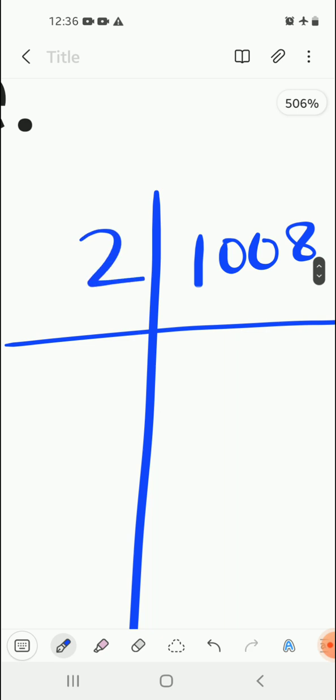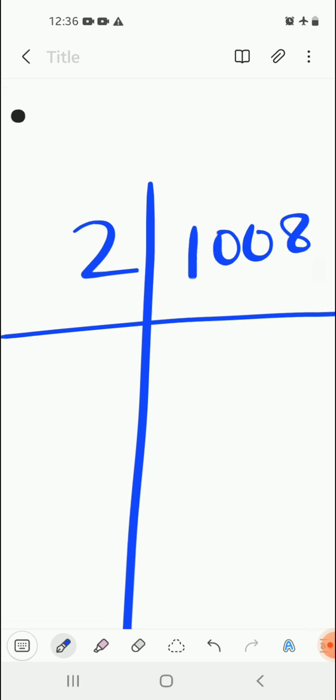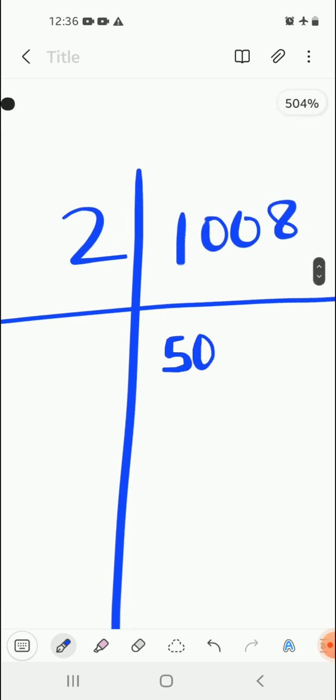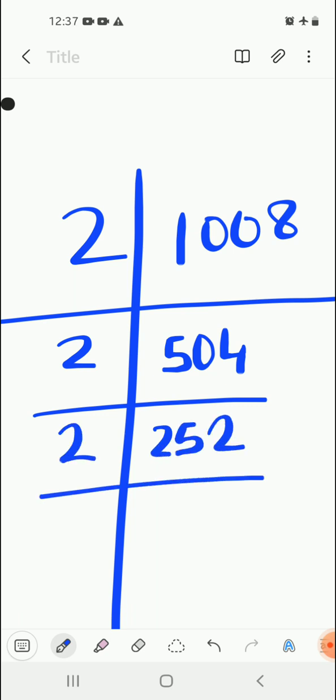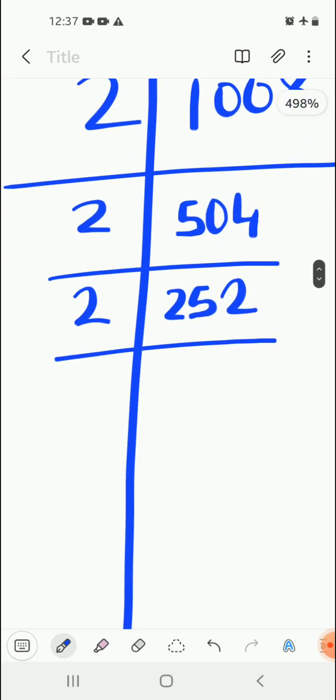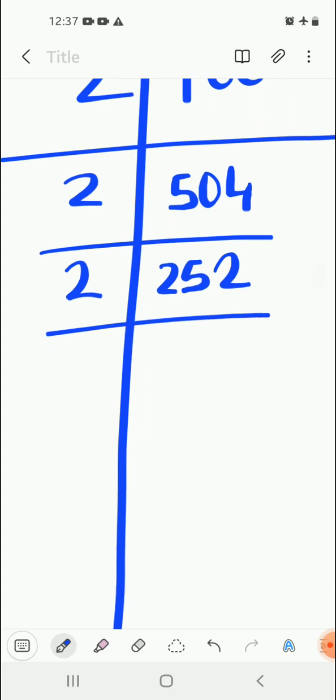So divide the number by 2, and 1008 would become 504. Again, with 2 it is possible to divide because we have got an even number at the end. So it becomes 252. Once again, even number, so possible for us to divide the number by 2.